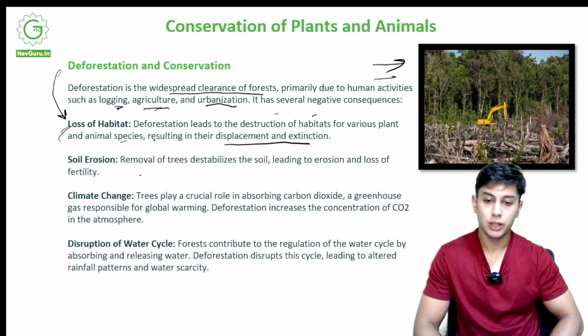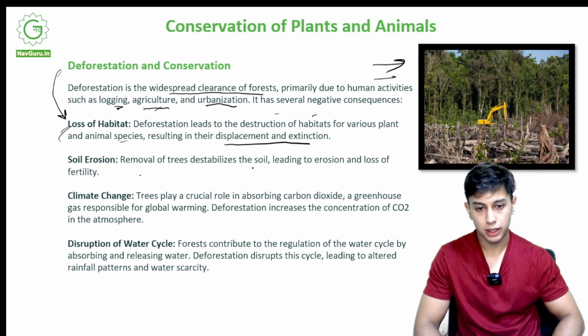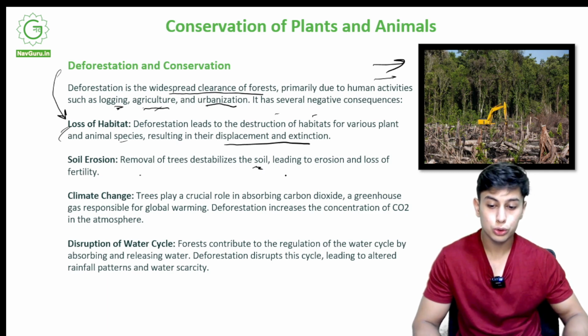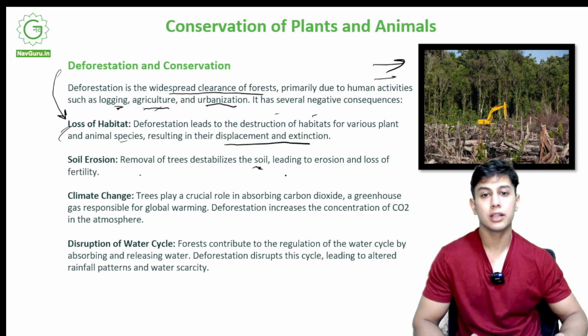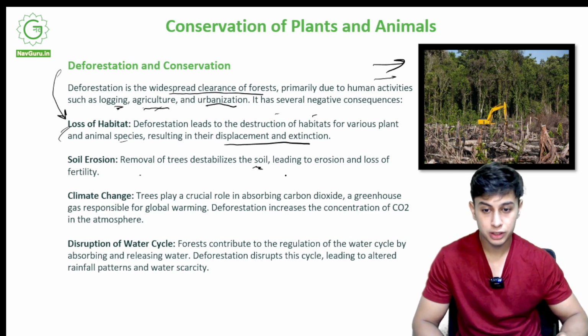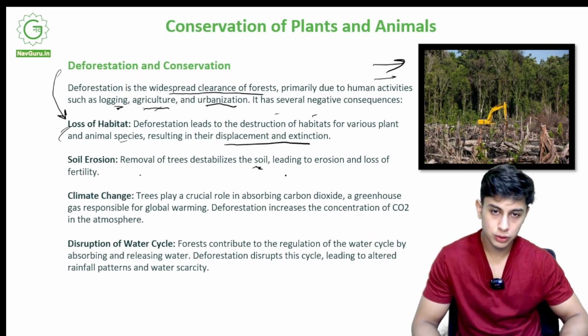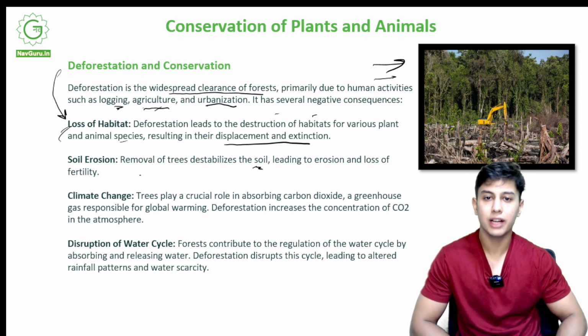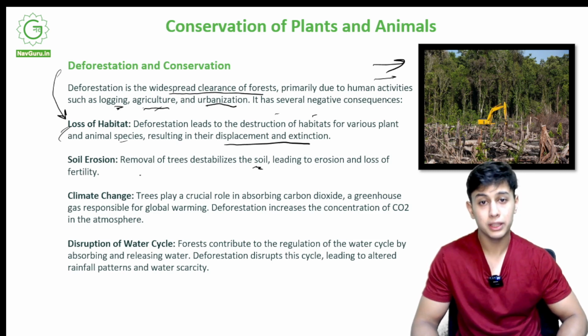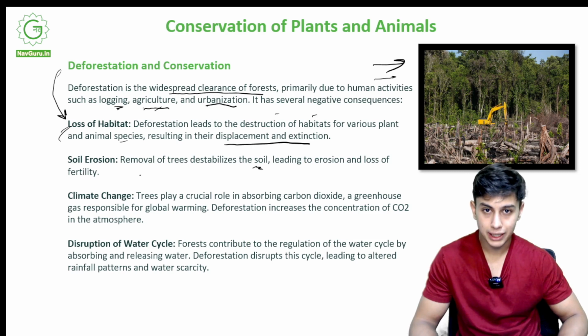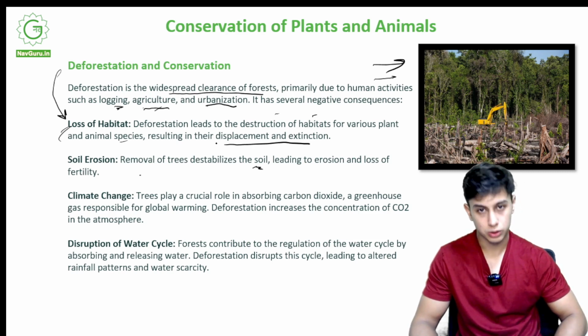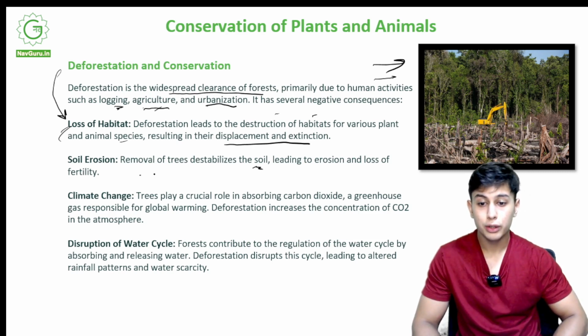Soil erosion. Removal of trees destabilizes the soil. Like I told you, those roots are holding the soil, the mud, together. If there are no trees, if they have been cleared out, uprooted, what would happen? That soil will lose its binding and become loose, which can lead to soil erosion and loss of fertility.